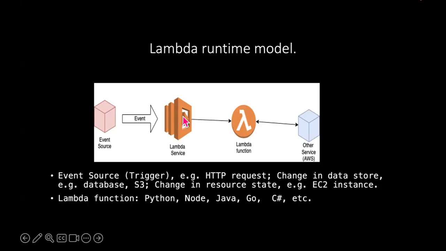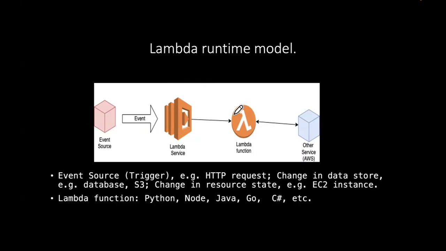The Lambda service is responsible for essentially matching up an event with a corresponding Lambda function, and it provides the event to the function as a parameter. Also, it's important that you understand what the internals of that parameter are, or the internals of the actual event object. And we'll look at that in a bit more detail as we work our way through this Lambda section.